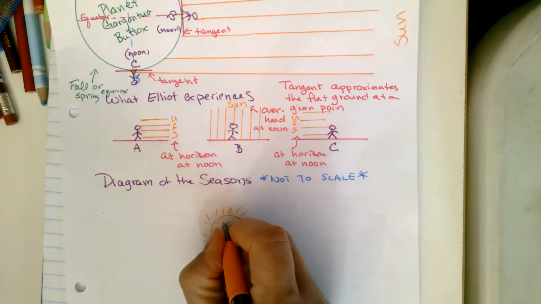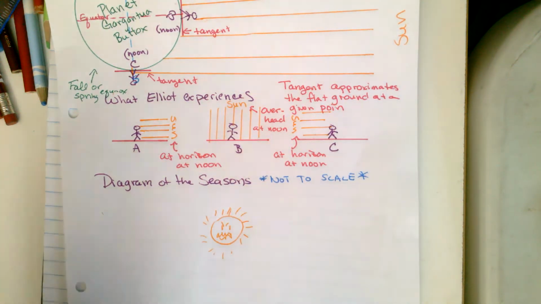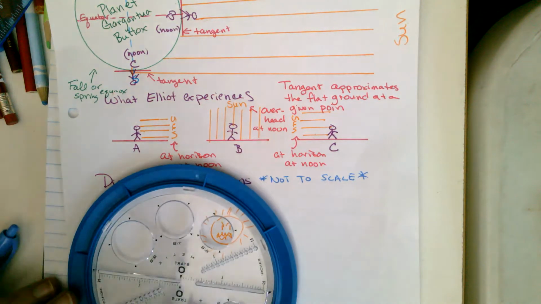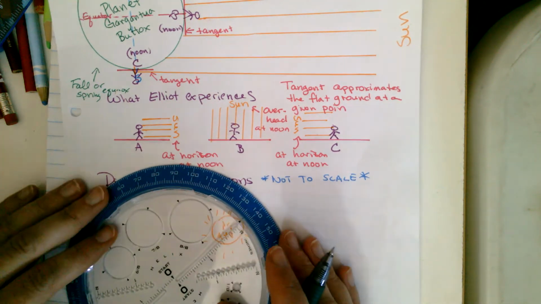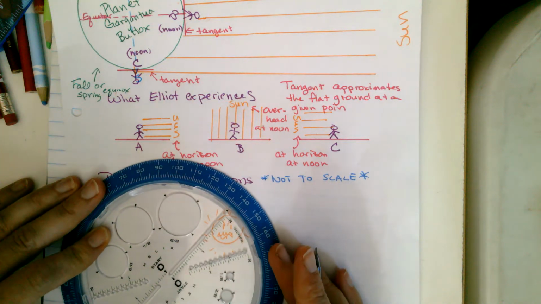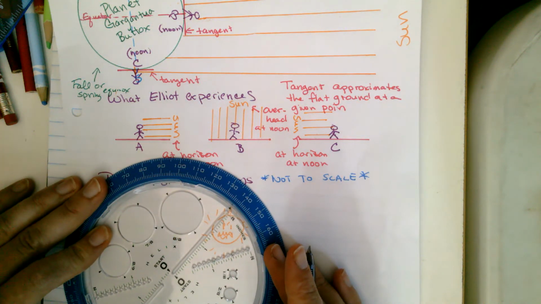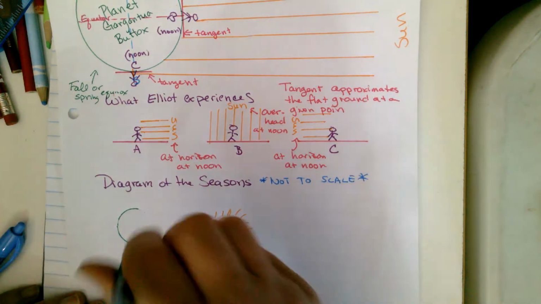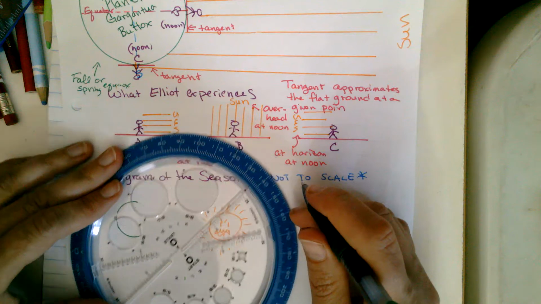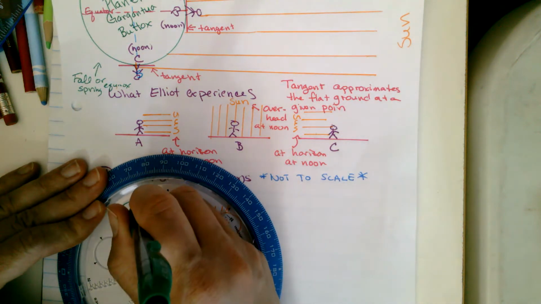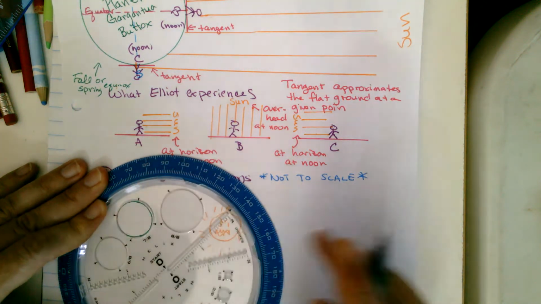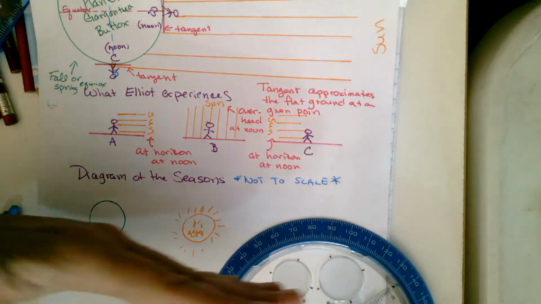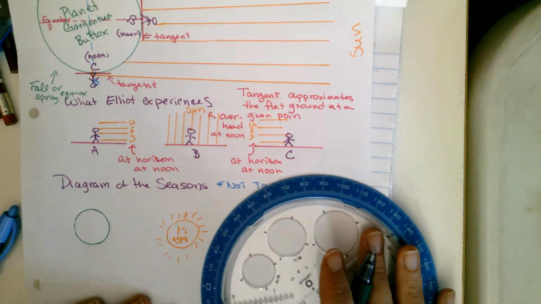So we have our sun. We'll talk more about why it's the angry sun later on. And I'm going to draw two Earths. And I want them basically on that same plane. I want your ecliptic to be horizontal, like perfectly horizontal.